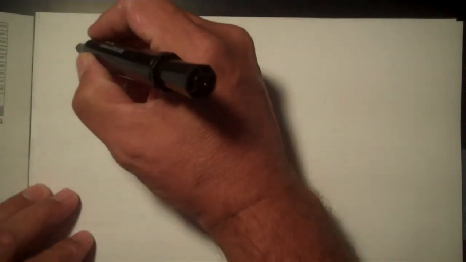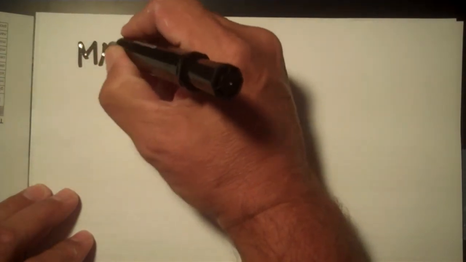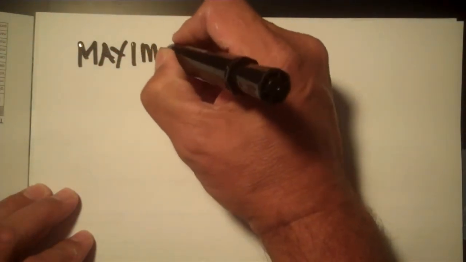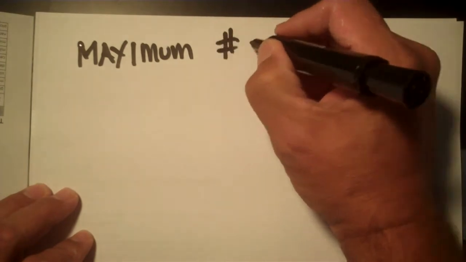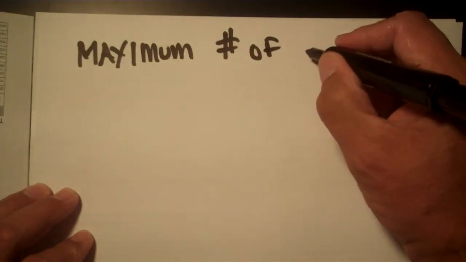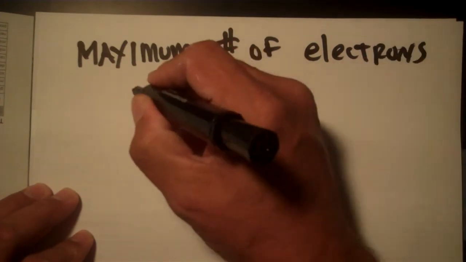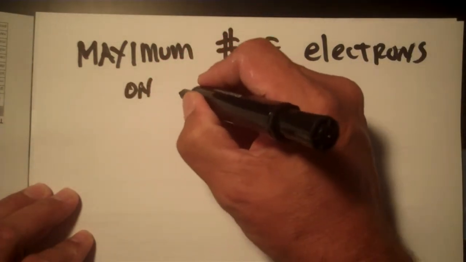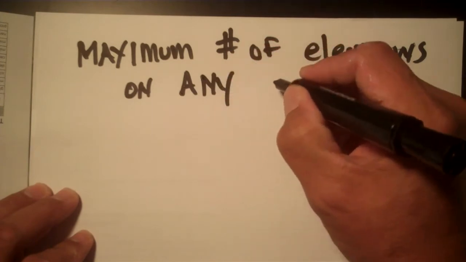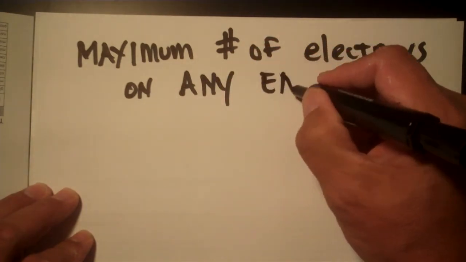Okay, before I show you the diagonal rule, or before we draw it, there is something we need to know. We need to know the maximum number of electrons on any energy level. So write down the maximum number of electrons on any energy level.